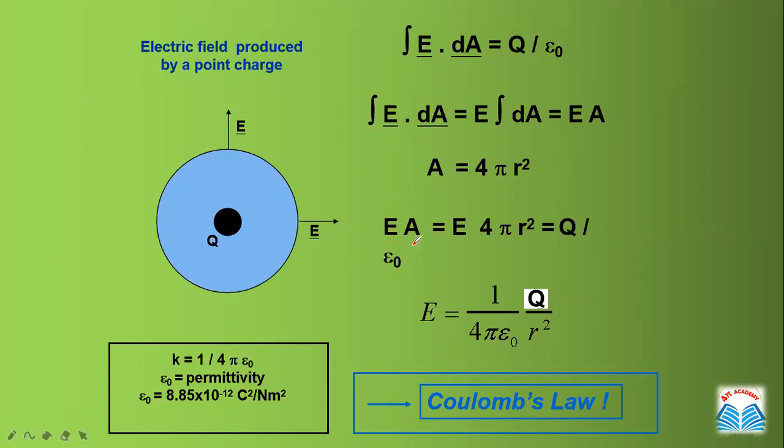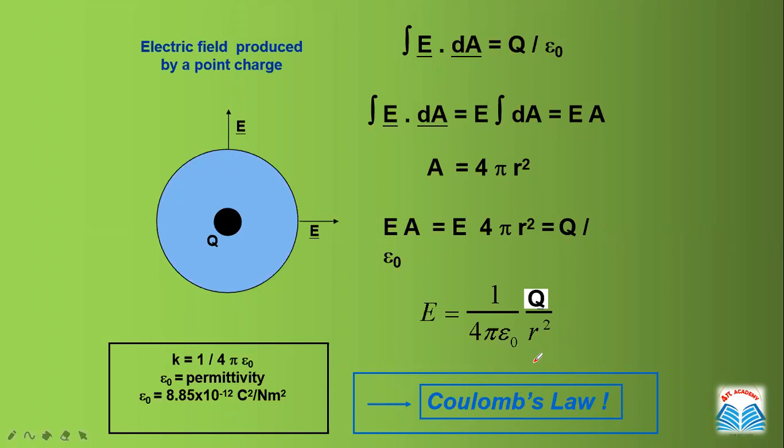So EA equals E into 4 pi r square equals Q over epsilon naught, and we are getting E equals 1 upon 4 pi epsilon naught Q upon r square, which is similar to Coulomb's law. We can also derive this using Coulomb's law.